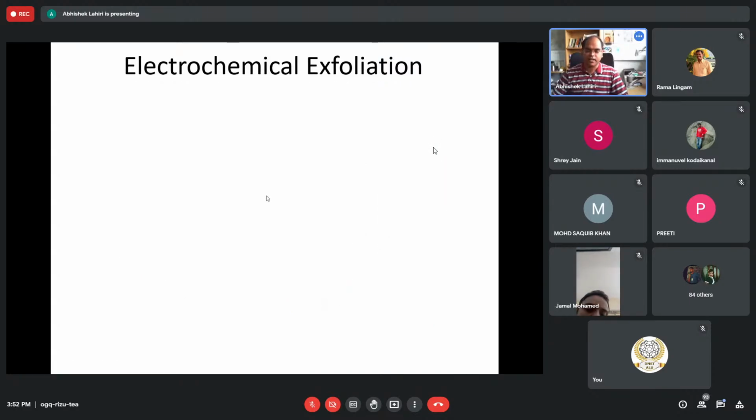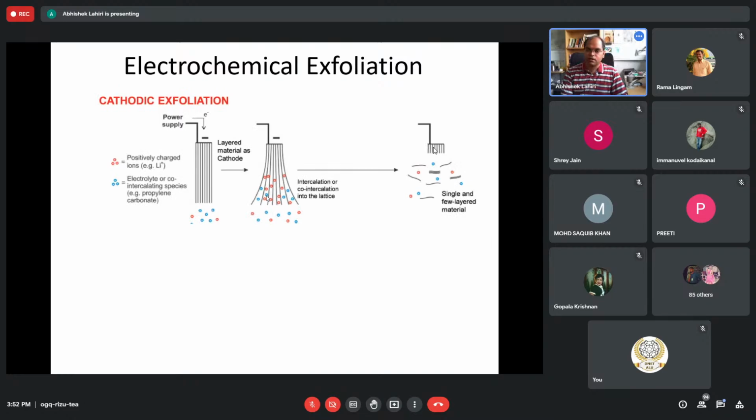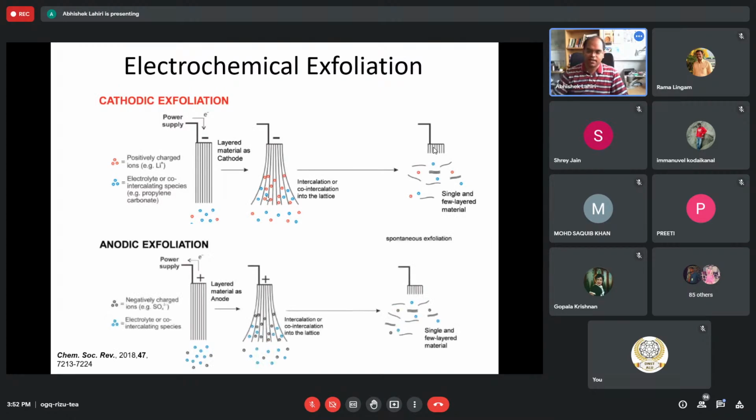Now, why I talked about electrochemistry is that in electrochemical exfoliation, one can have the electrode as a cathode, or one can have the electrode as an anode.